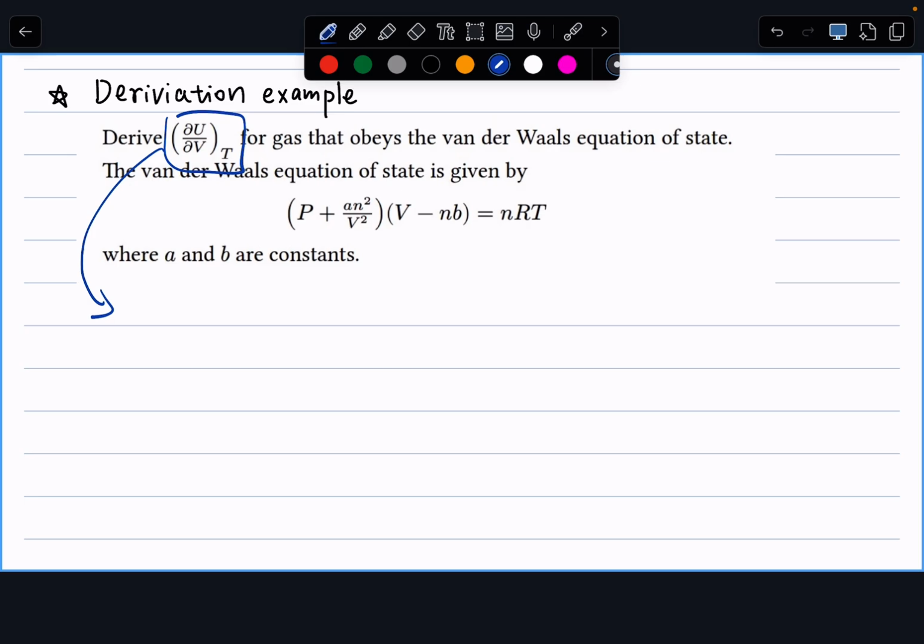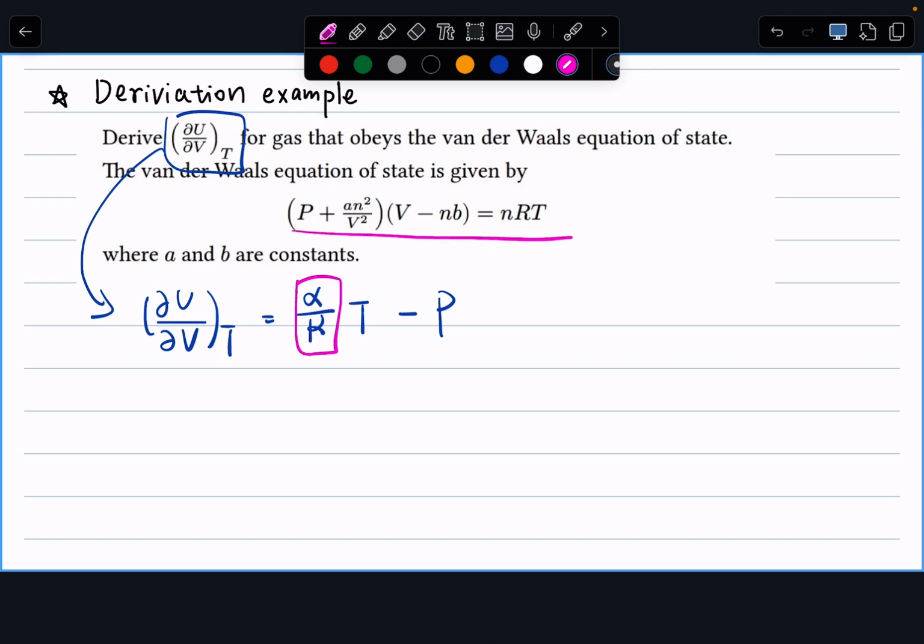In chapter 4, we went over the derivation of the partial differential of U over volume at constant T equals alpha over chi times temperature minus pressure. And here, alpha and chi are things we can derive from the equation of state.